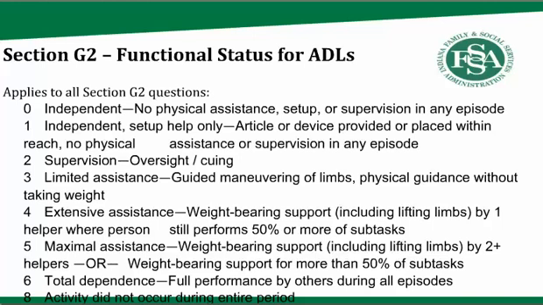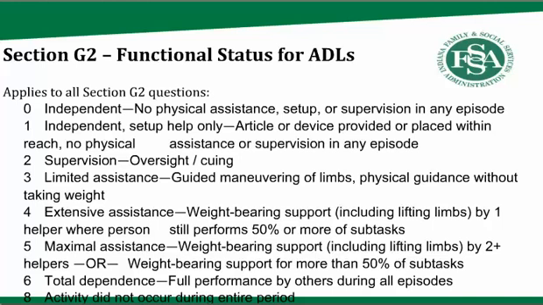Maybe you're buttoning it up, but they can tuck it in. So you really have to look at all the tasks, subtasks that are involved with dressing your upper body, as an example, and how much is being done by the person, how much is being done by the helper, and if weight bearing is involved in the task.